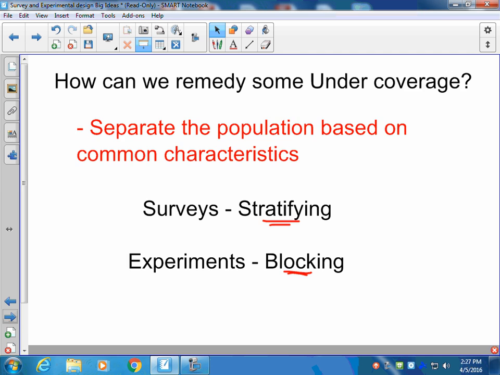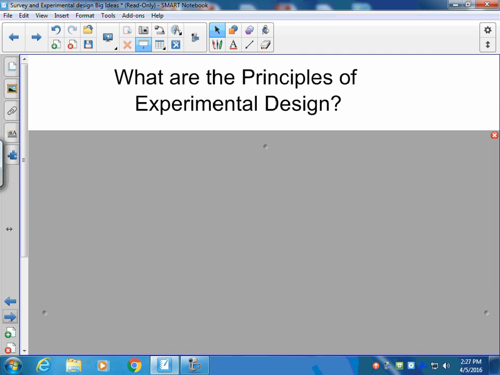Now, when we talk about experiments, okay, what are the principles of experimental design? Okay, we want to understand and know the three main principles. Sometimes there's a fourth, but the fourth kind of comes into the idea of what an experiment is in the definition.